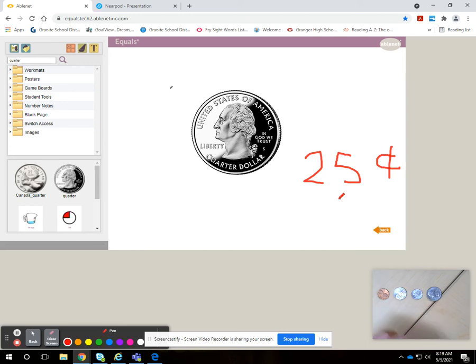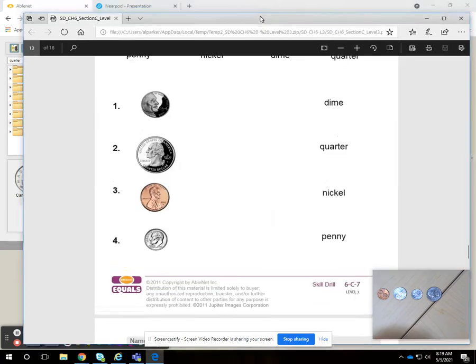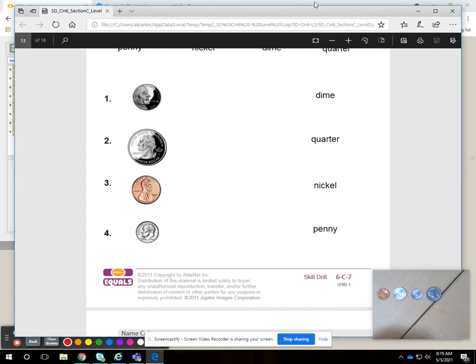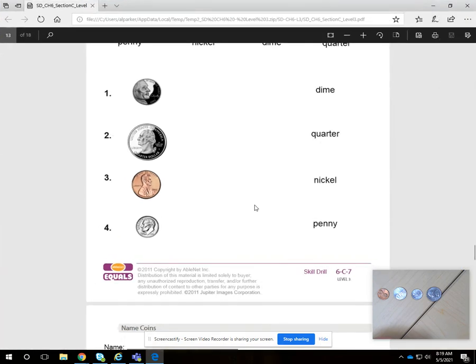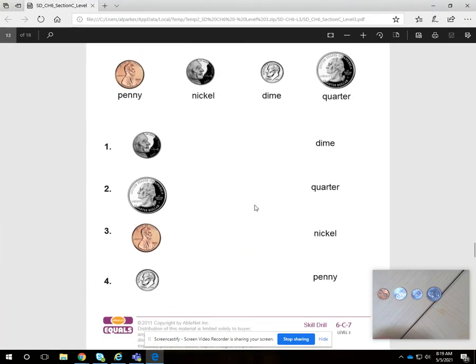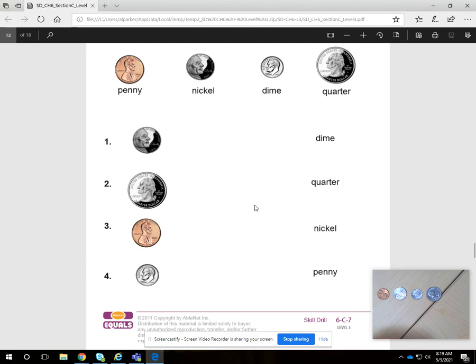Okay. All right, let's take a look. I'm going to bring this over onto the screen here. This is your worksheet for today. Your worksheet is pretty simple. We are just going to draw a line between the coin and the coin's name, okay?